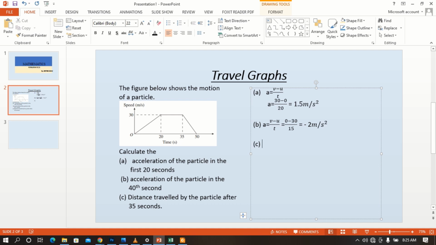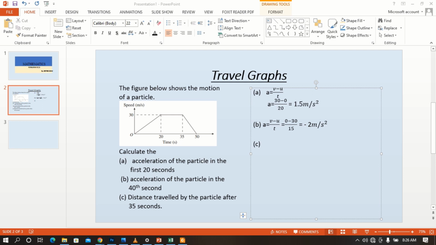Question C, we are calculating the distance moved by the object. In order for us to calculate the distance traveled by the particle after the 35 seconds. Okay, before I even go to C, there's a point that I would want you to note. We said that we need to calculate the acceleration of the particle in the 40th second.